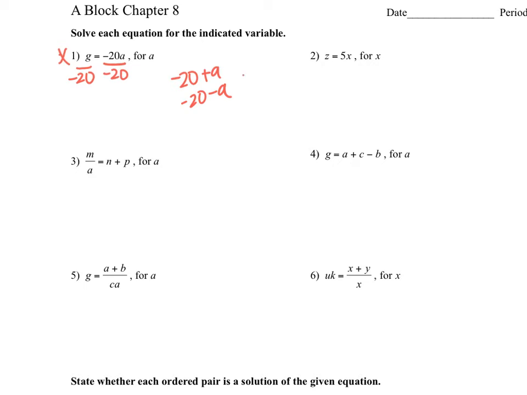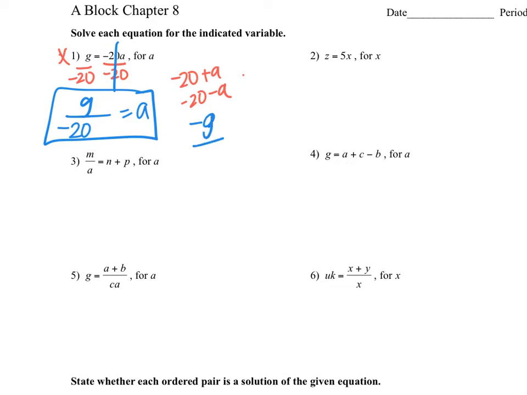So I'm going to cancel here, and I'm going to have g over -20 equals a. And usually we have the negative on top, so I'm just going to write negative g over 20 equals a.